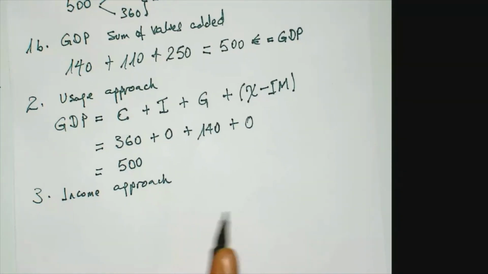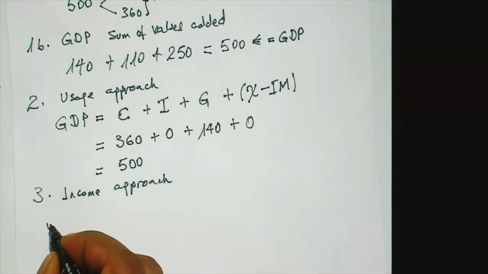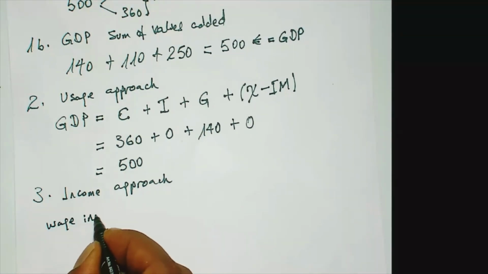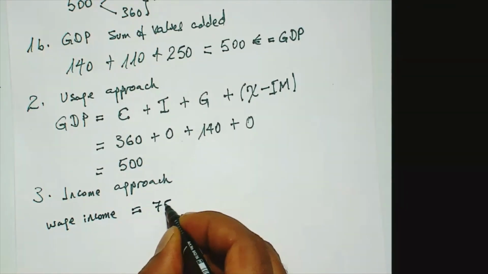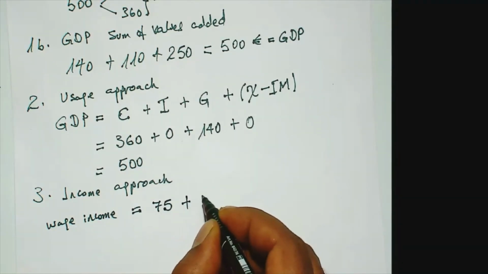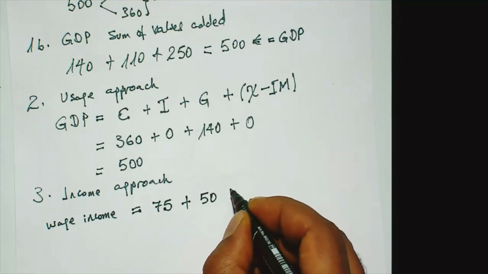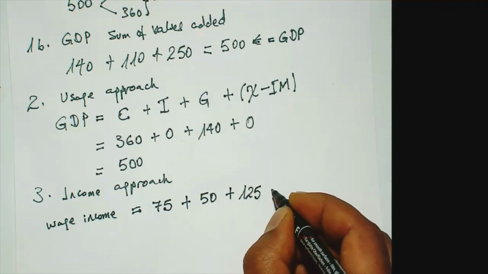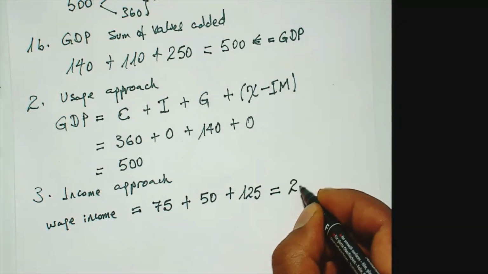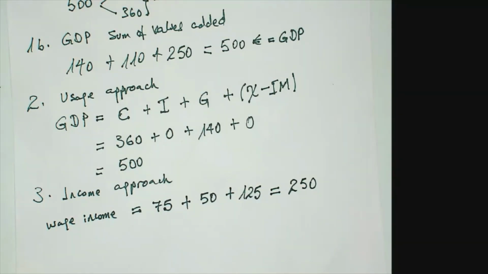So we would take the sum of the wage income first, which would give us 75 in the iron ore industry, plus 50 in the steel industry, and 125 in the cars industry, giving us a total amount of 450 euros.